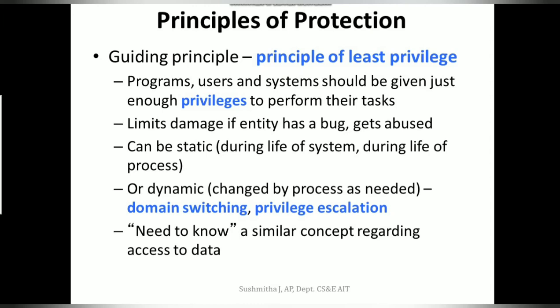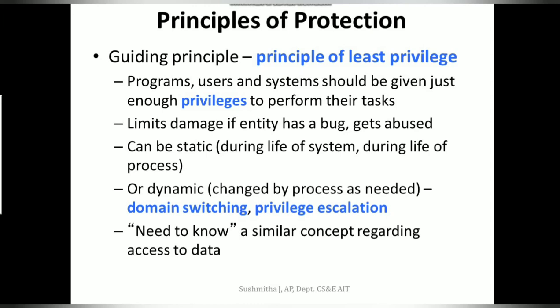This principle of least privilege will help us provide a more secure computing environment. The operating system also provides a mechanism to enable privileges when they are needed, and it disables the privileges when they are not needed.